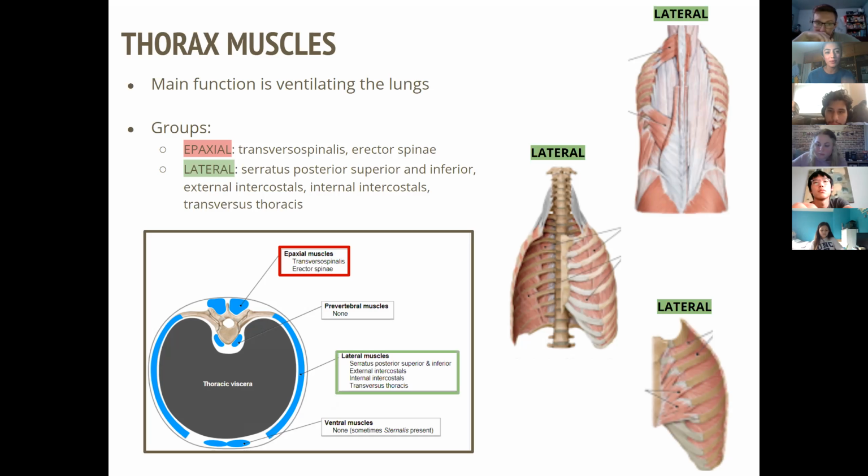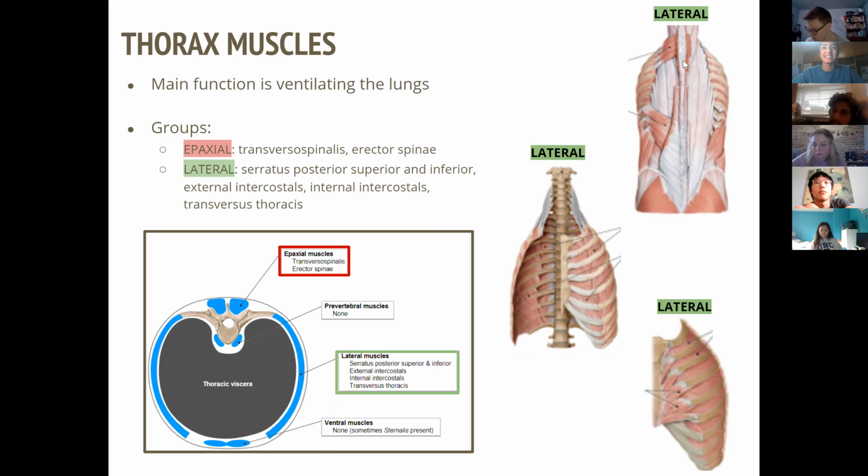Can we see the rhomboids in this picture? Am I seeing some no's? I think Emma saw no. Okay. So we cannot actually see them. Does anyone know why? They're not pictured. Does it have to do with like the different layers of muscles?